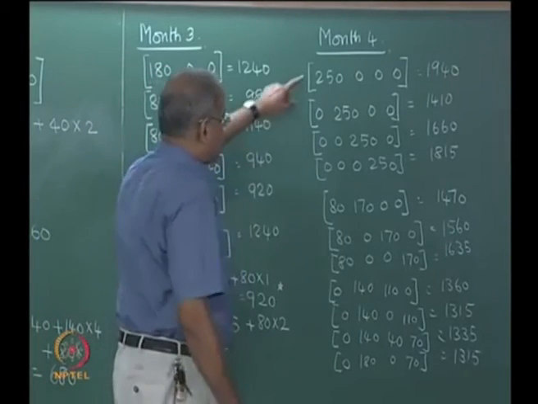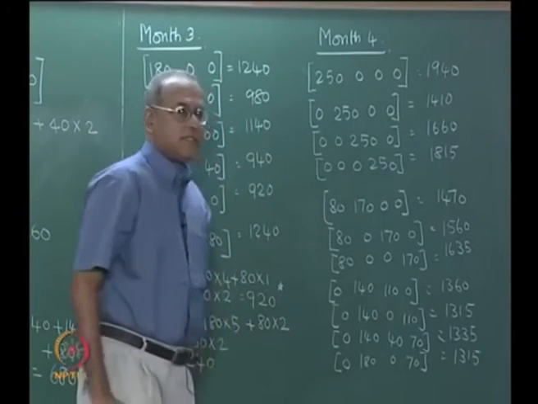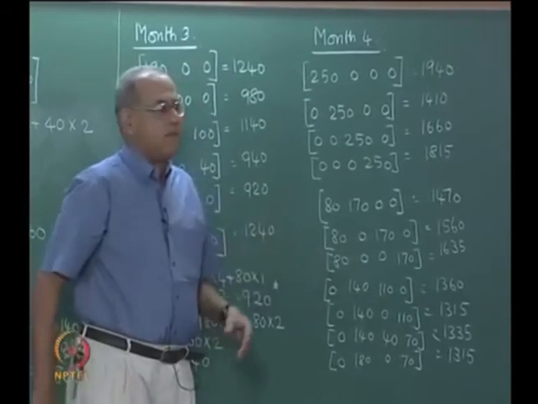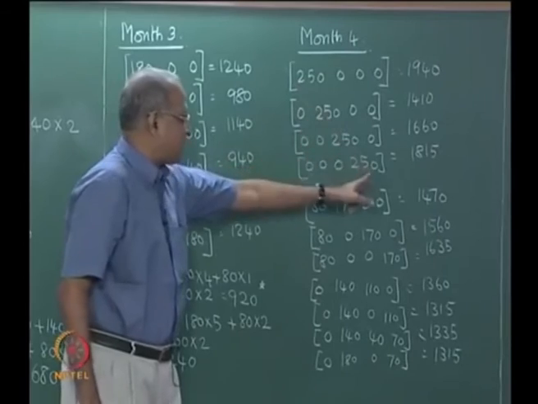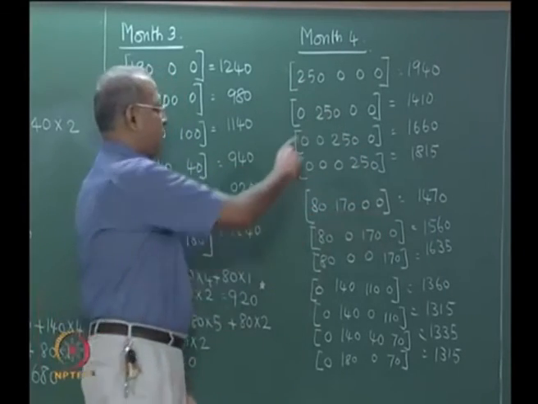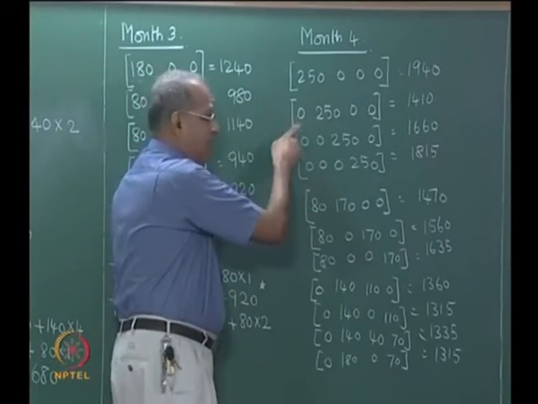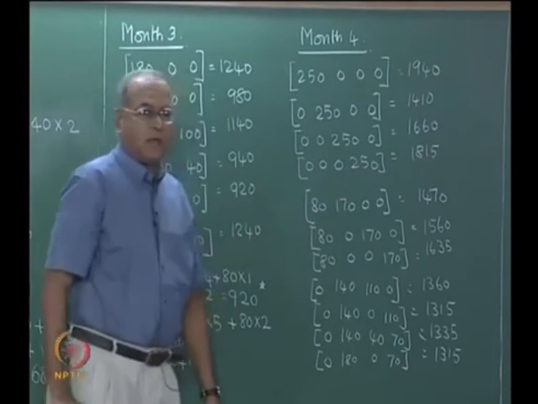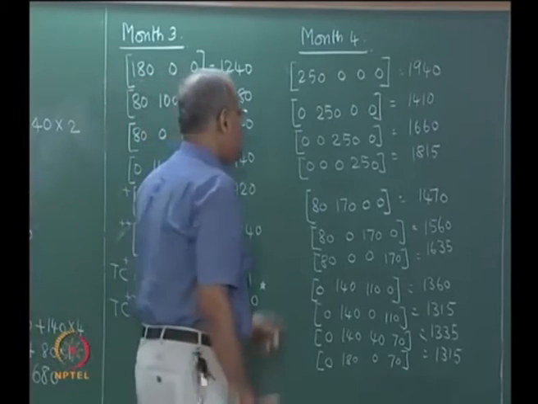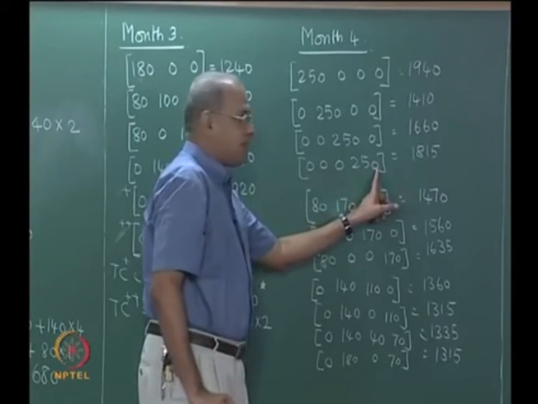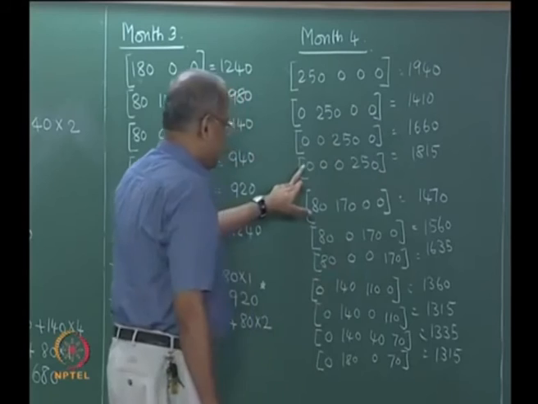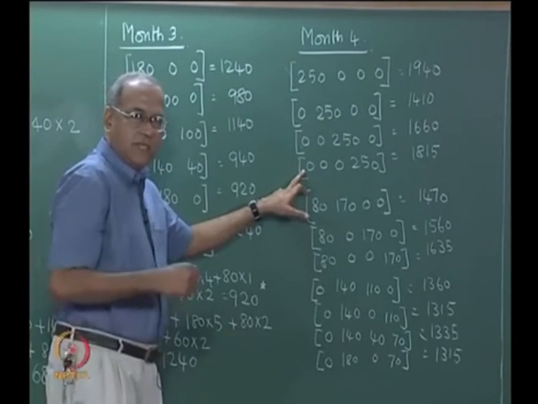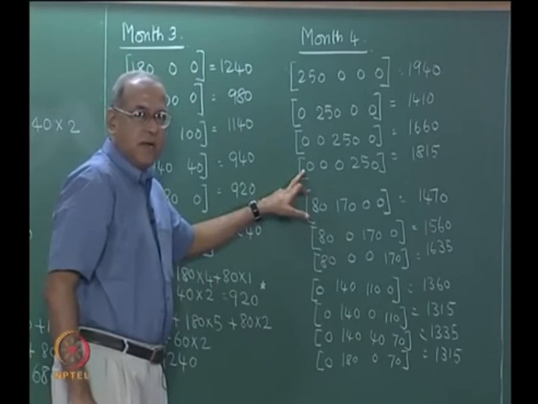We also realize that these 4 are the situations where all the 250 is produced in a single month, and these 3 cases involve back ordering, because from here we back order this demand, from here we do both, from here all the 3 are being back ordered. Now, when we do this back ordering, the cost computation will be this 80 demand is back ordered for 3 time periods, the cost of back order is 1.